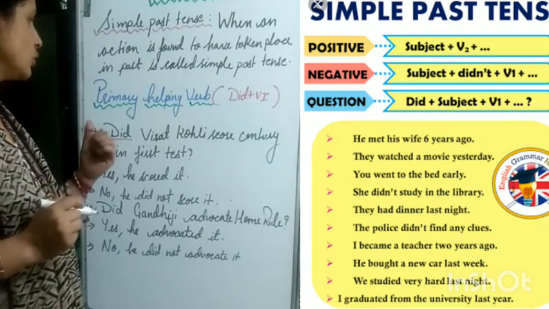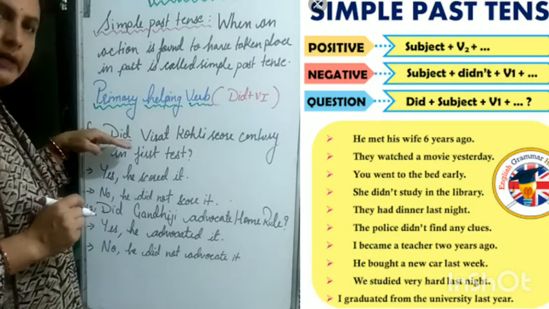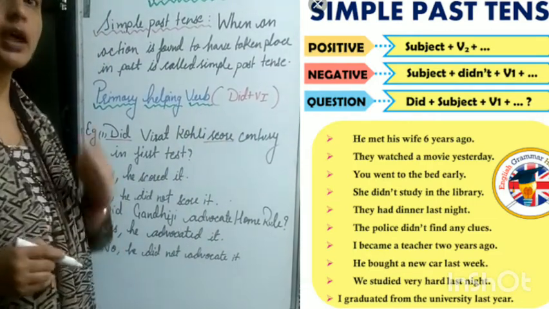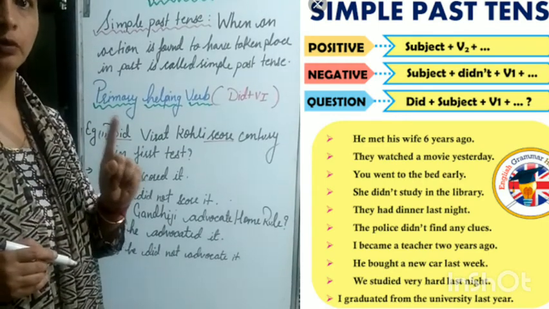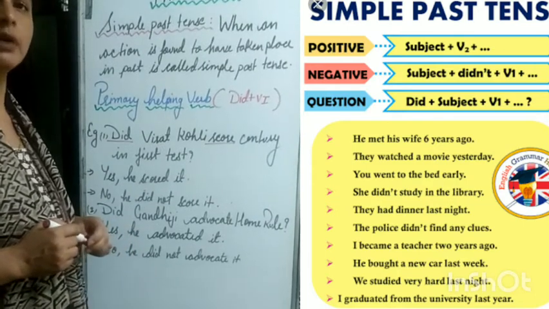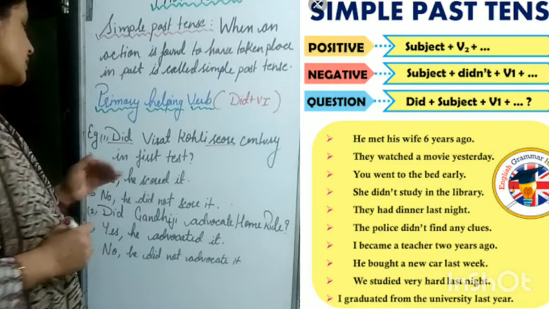With did, which main verb have we used here? First form of main verb. With did we always use first form of verb in interrogative sentences.